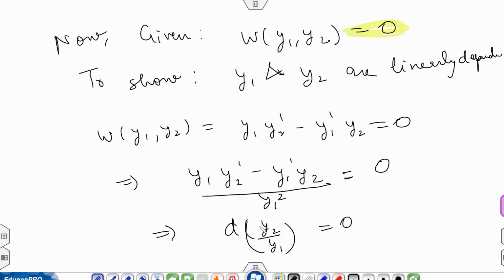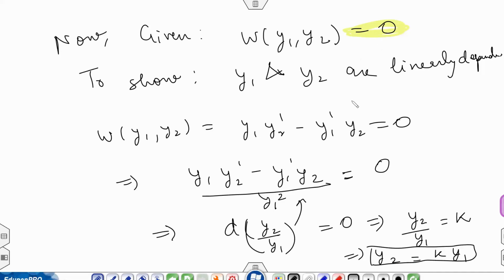If you differentiate this, you will get this one, and this implies y2 by y1 is equal to some constant k, and this implies y2 is equal to some constant k y1. So you started from here and you came over here, and this implies y1 and y2 are linearly dependent.